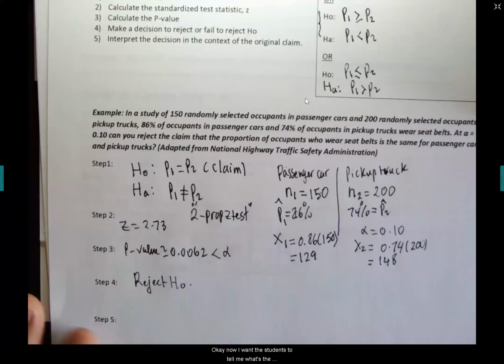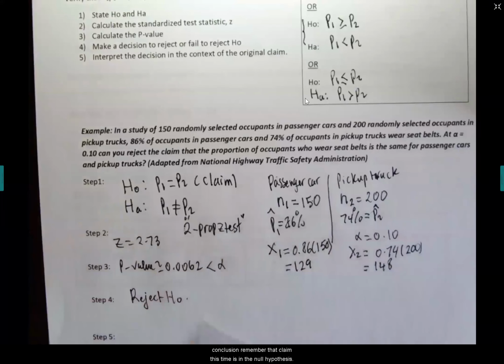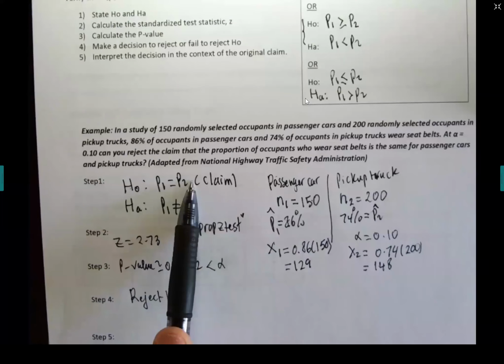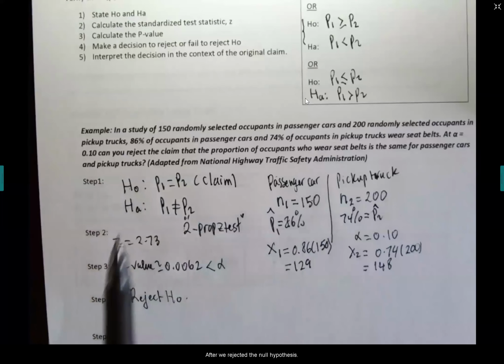Okay, now I want a student to tell me what's the conclusion. Remember, the claim this time is in the null hypothesis. What do we say? And we rejected the null hypothesis.